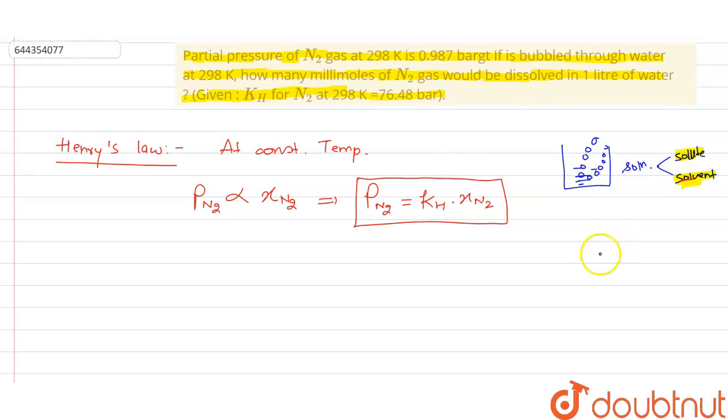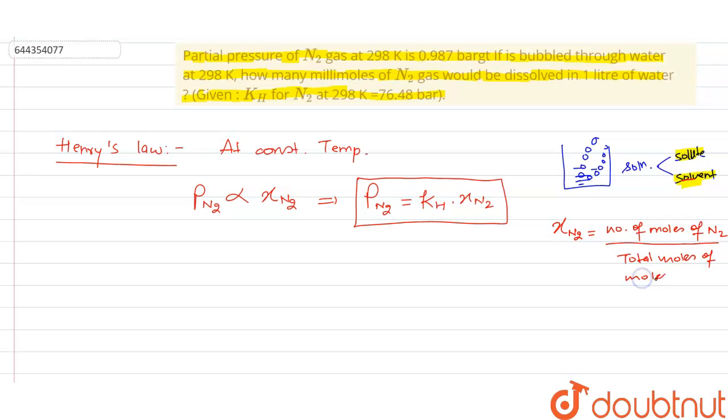If we want to calculate the mole fraction, which is indicated by X, of any substance, here we are taking N2, then we have to write the number of moles of that substance in the numerator, and in the denominator the total number of moles, that is, the sum of all the moles present in that particular system.